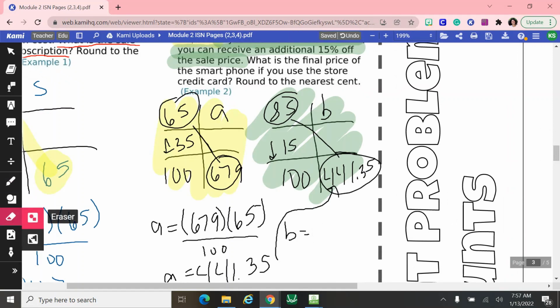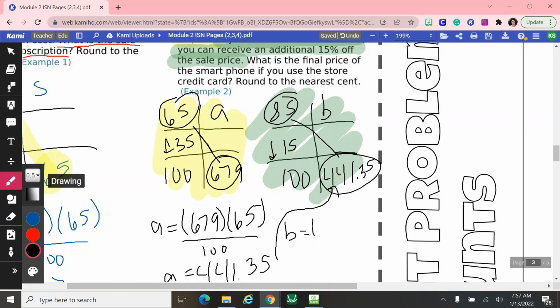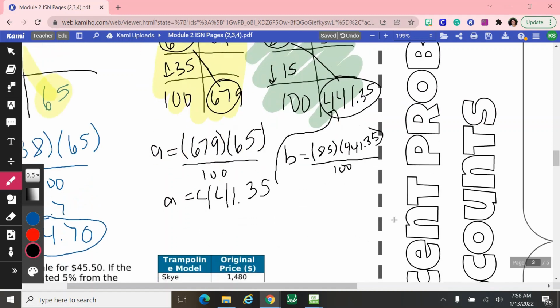This is kind of why I said that it would be best for you on pencil and paper to do it on the inside. So 85 times 441.35 divided by 100. And yes, I'm talking out loud for the video, but I also do talk out loud to myself. No worries, nothing to see here.